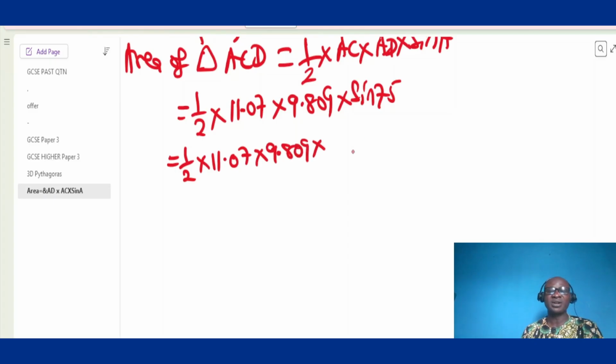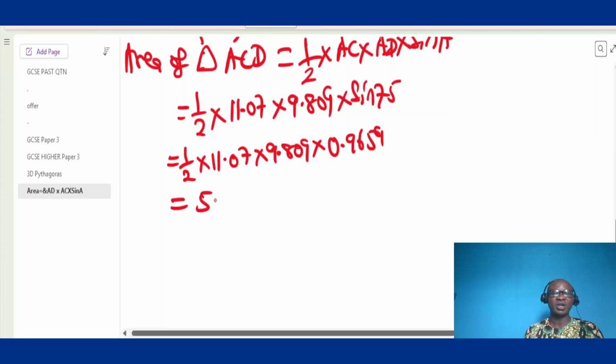That is now going to give me 0.9659. I will multiply everything and divide by 2: 0.9659 multiplied by 9.809, then multiplied again by 11.07, everything divided by 2. That is what I'm looking for.